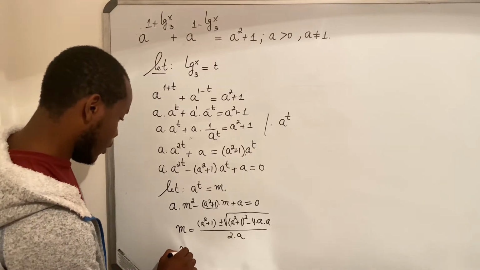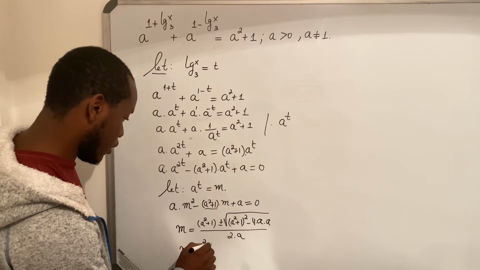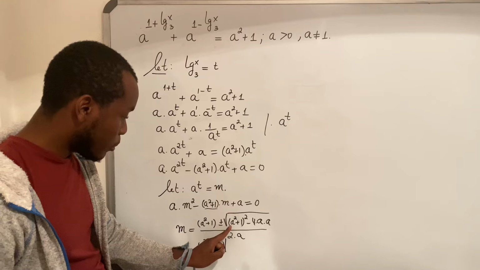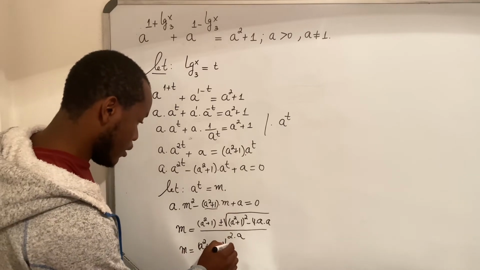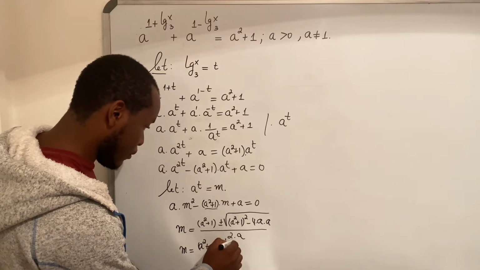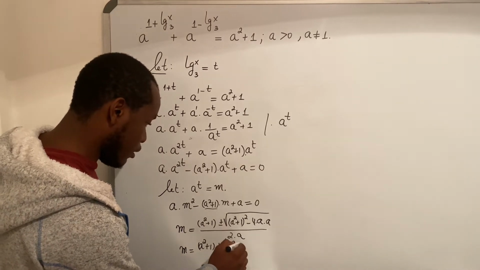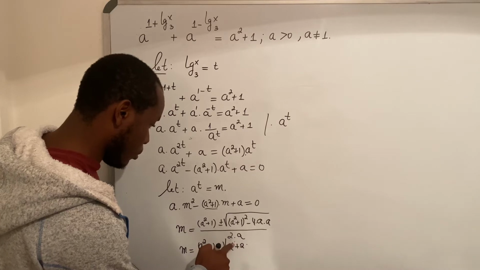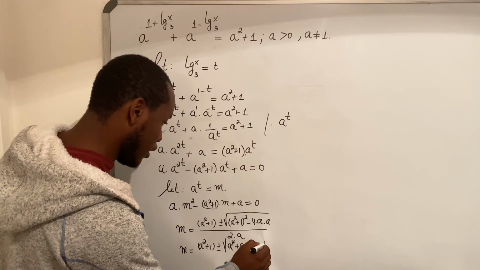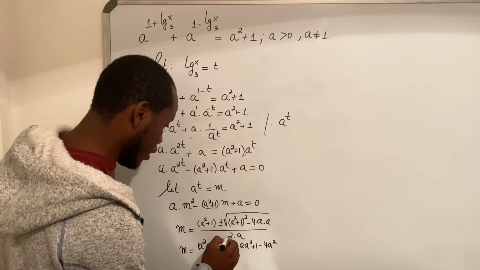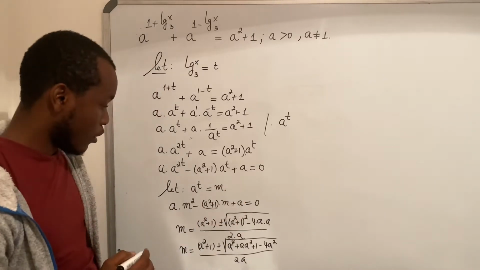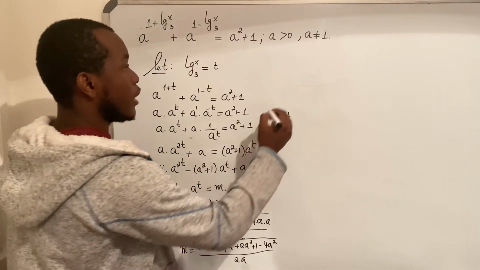So m is going to be a squared plus 1 plus or minus. We can expand this expression by applying the square formula. So a squared plus 1 squared gives a to the power 4 plus 2a squared plus 1, minus 4a squared, over 2a.